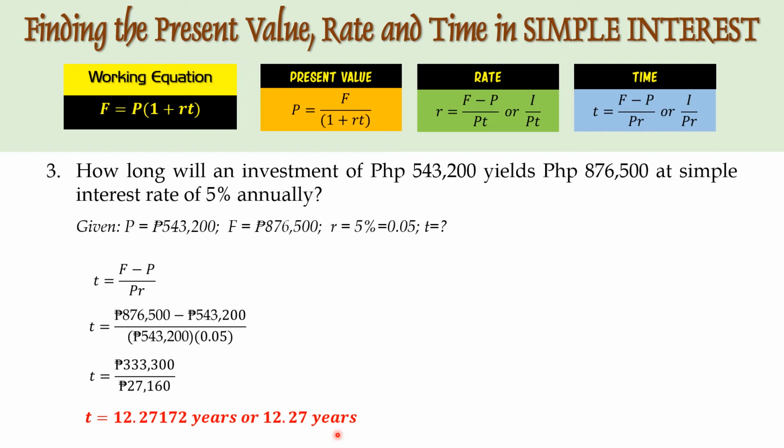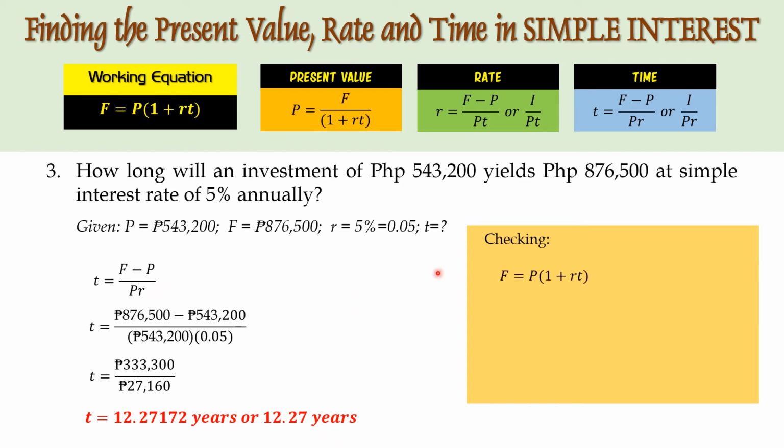Then let's check again if our answer is correct. Okay, so hahanapin natin ang future value pa rin. Okay, plug in the values on each variables, the principal amount, that's it, and then the rate, and then the time. I use here the complete value. Okay, this is the complete value for the quotient of this, and then by.